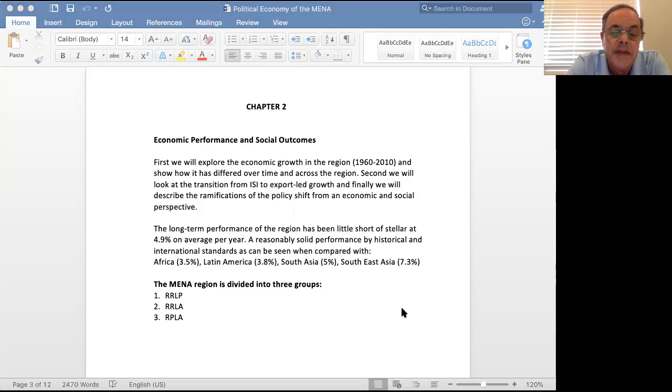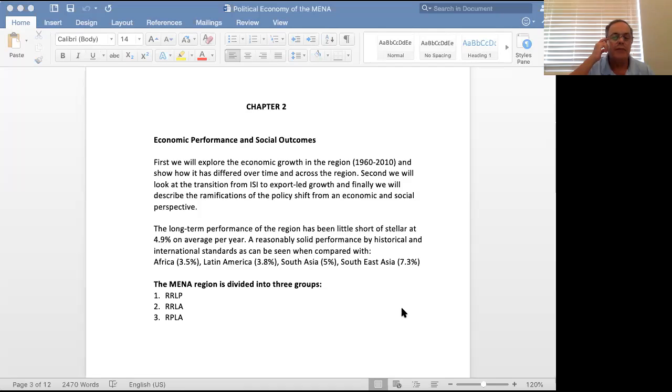However, if you compare the resource-rich, labor-abundant with the resource-rich, labor-poor, you find that usually the resource-rich, labor-poor do a lot better in terms of economic growth, in terms of standard of living, etc. And the reason is simply because they have all of that wealth to divide between a smaller population size, which is an advantage.